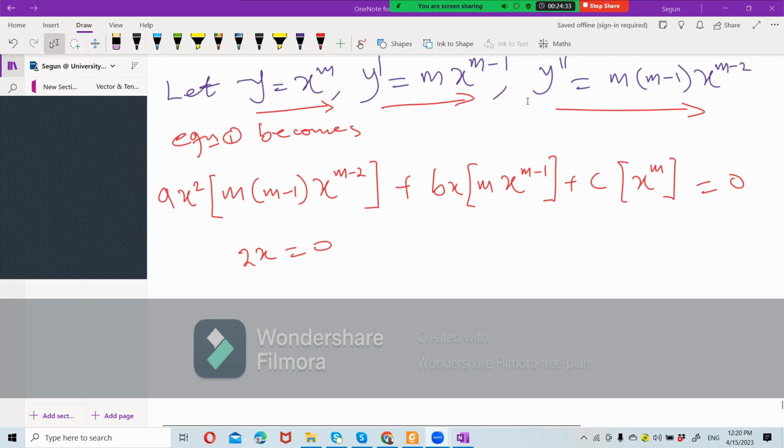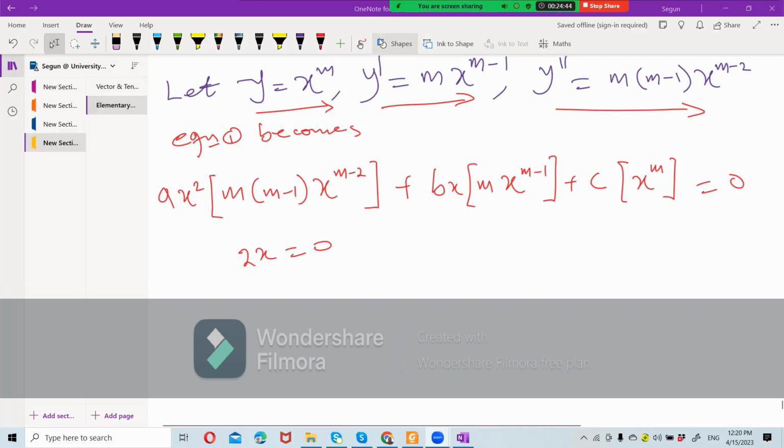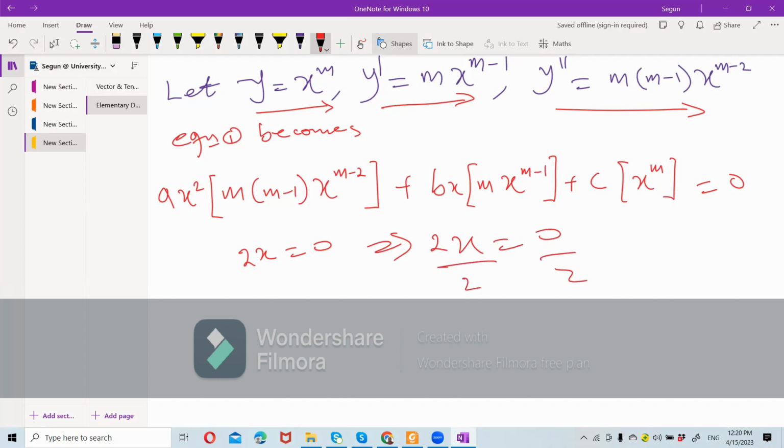Abdul Kadri, are you there? X is equal to 0, sir. X is equal to 0. Fantastic. Because all you need to do is just divide both sides by the coefficient. 2x equals to 0, that is, divide everything by 2. So this one goes, and 0 divided by this will give you 0. So you have x to be equal to 0.